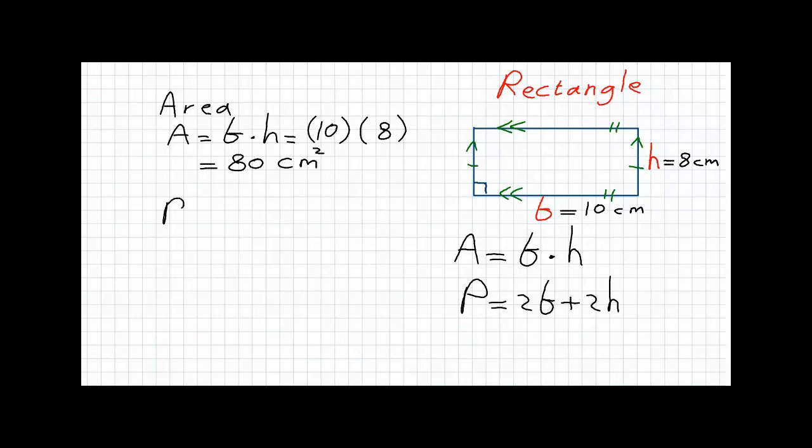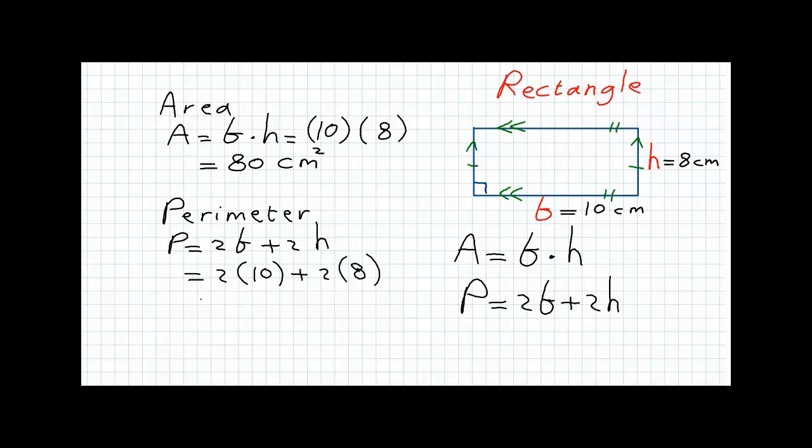And if we want to find the perimeter, which is equal to double the base plus double the height, this will be equal to 2 times 10 plus 2 times 8, and this results in 20 plus 16, which is equal to 36 centimeters.